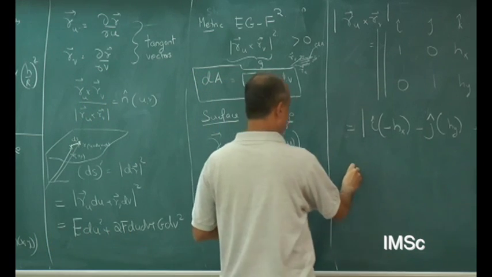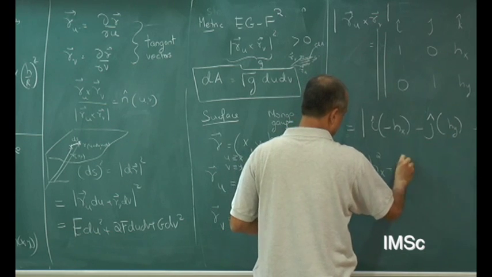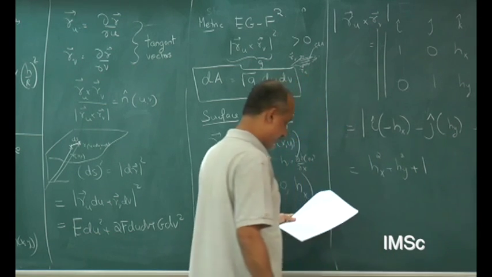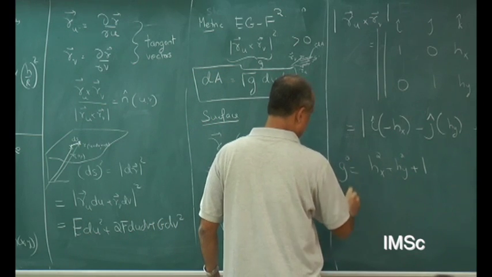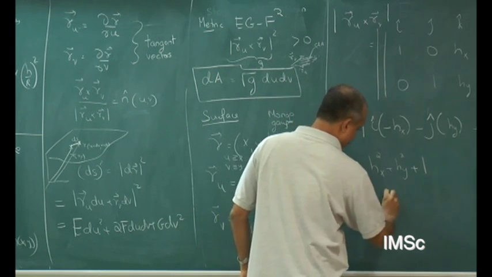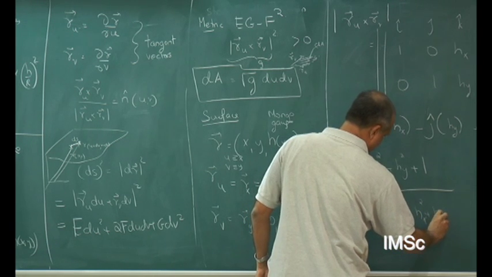So this is hx squared plus hy squared plus 1. Okay? So this is g squared, and g is just the square root of 1 plus hx squared plus hy squared.